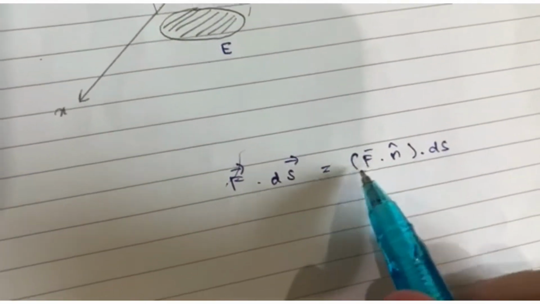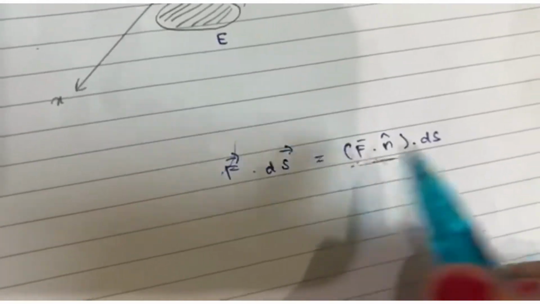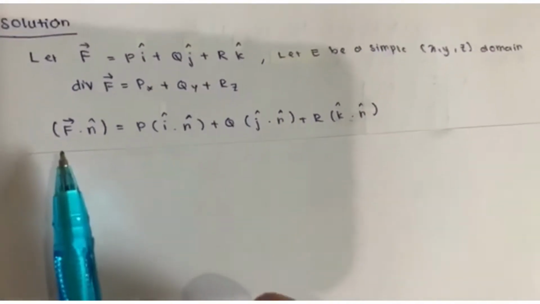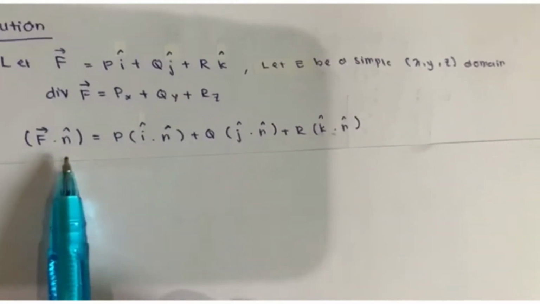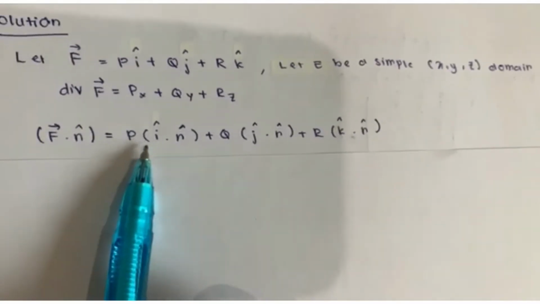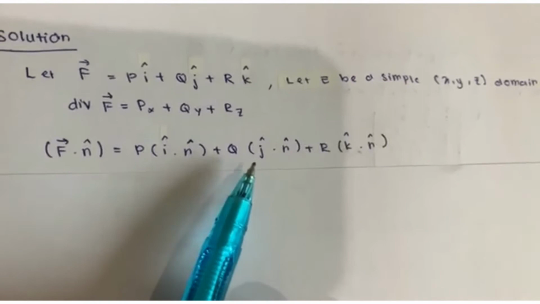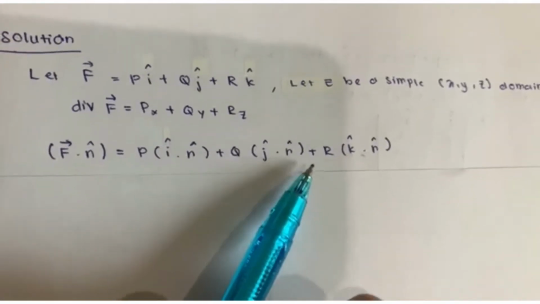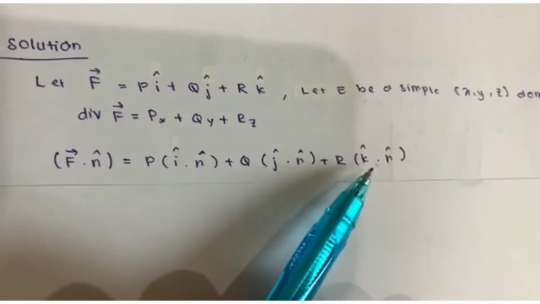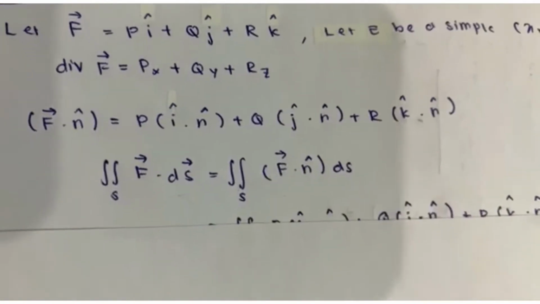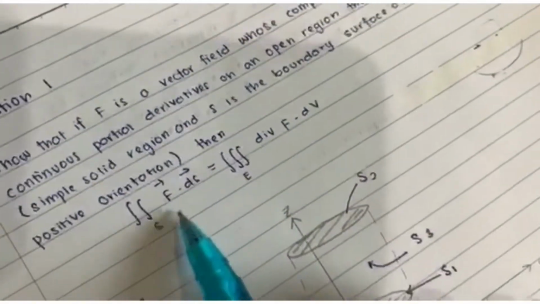So we can find this F dot n. We simply dot product F with n, and we get P times i dot n plus Q j dot n plus R times k dot n. Then we substitute into the first equation.